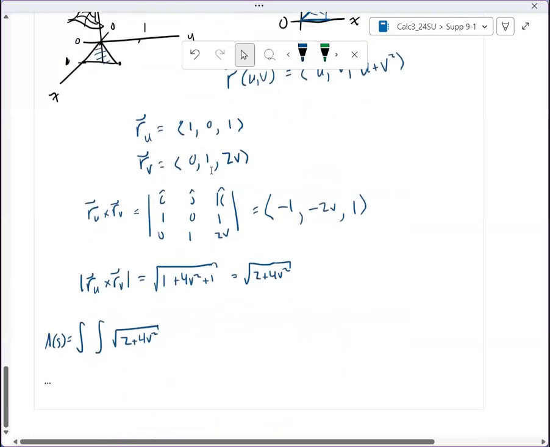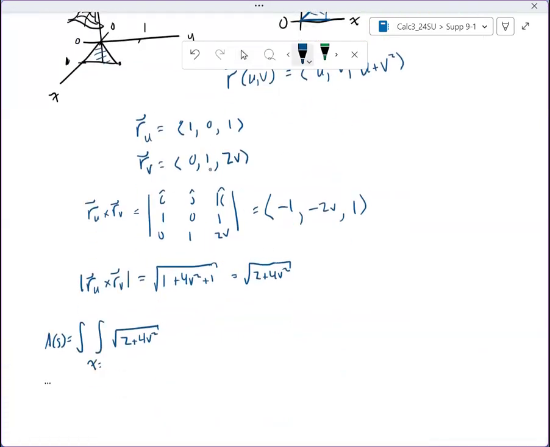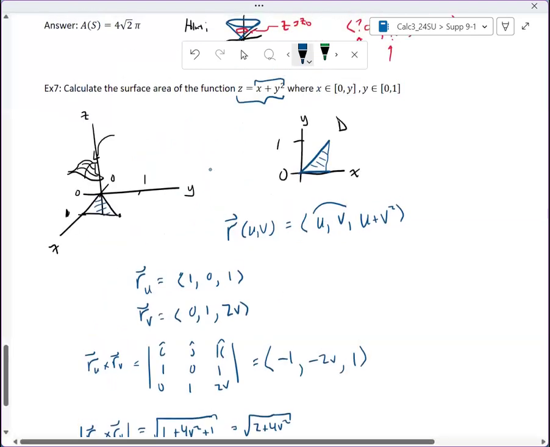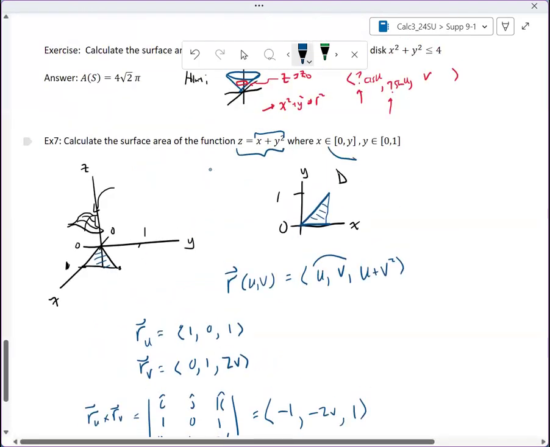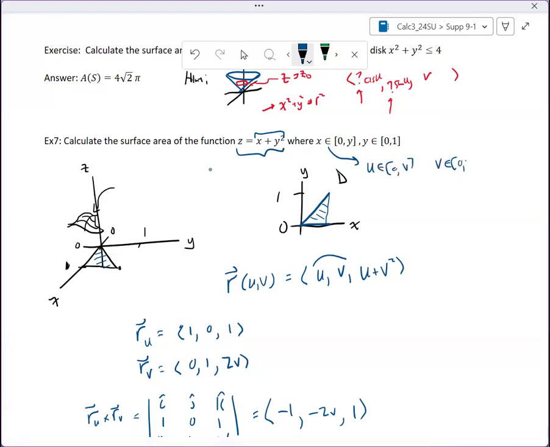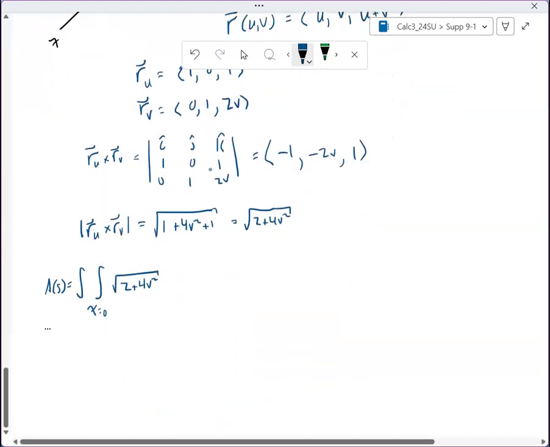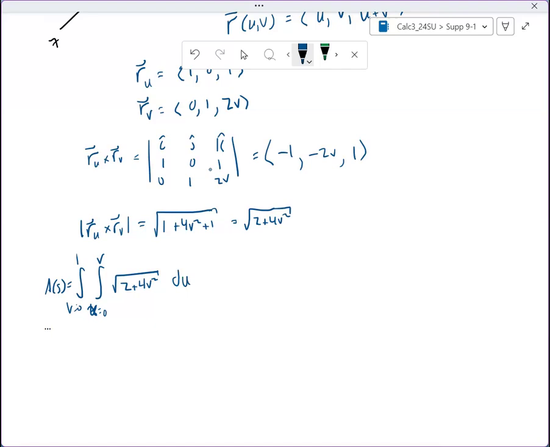If I integrate x going from, well, not x anymore, but x and y switch to u and v. So u goes from 0 to v, and v goes from 0 to 1. So now u going from 0 to v, v going from 0 to 1, du dv.